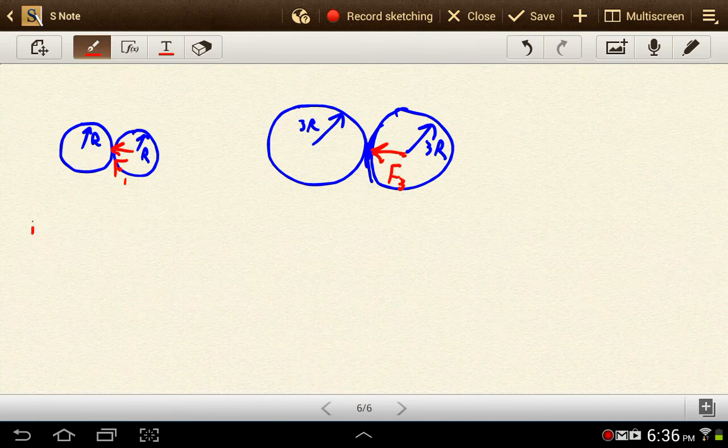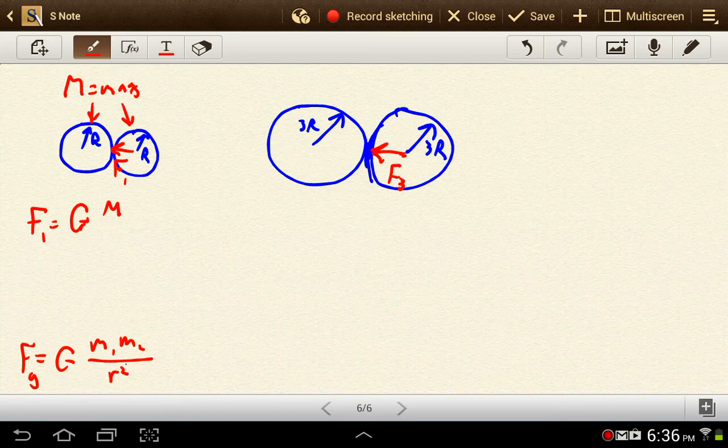So F1 is going to equal G times the mass of one sphere, which I'm going to define as capital M, the mass of each of these. And for the universal gravitation formula, remember the gravitational force is big G M1 M2 over R squared.